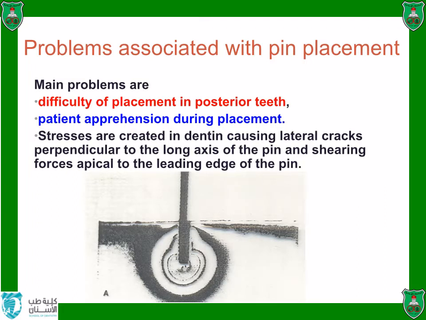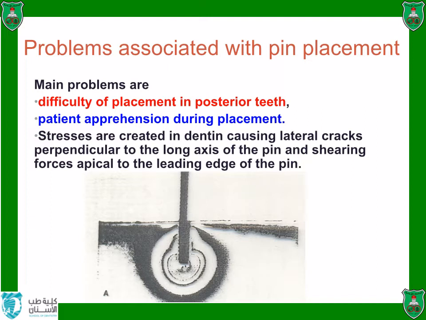We have some problems associated with pin placement. The main problem is difficulty to place in posterior teeth because it's difficult to isolate, and difficult to see properly, especially the orientation of our bur in the posterior area. Patient apprehension during placement: it's sometimes difficult to tell the patient that we will place those pins inside dentin, especially the friction lock and the self-threading, because you will place them forcefully in dentin.